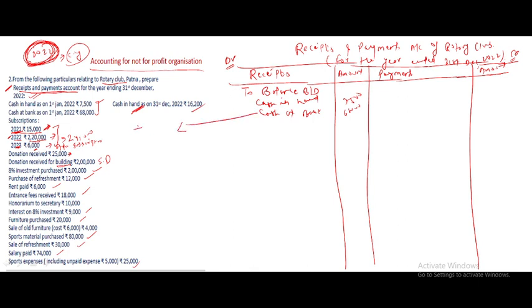This is a positive bank balance. Cash at bank debit balance means positive balance of bank. If the bank balance is negative, then we say overdraft.